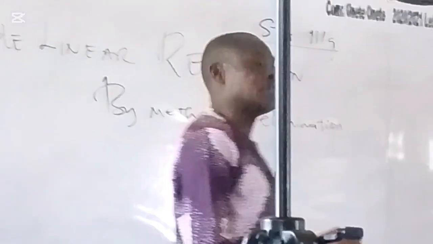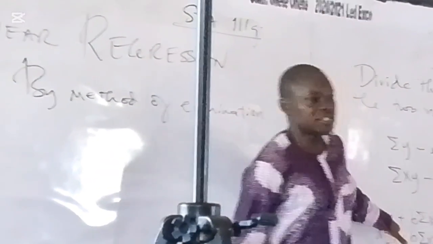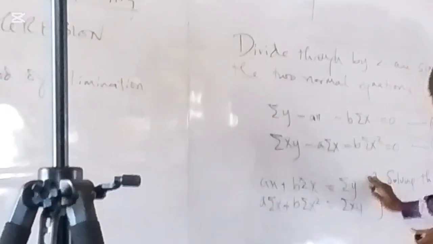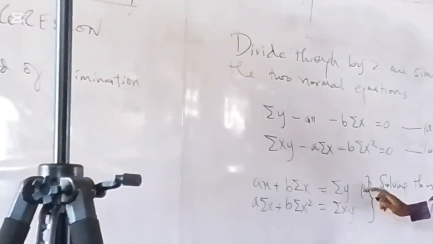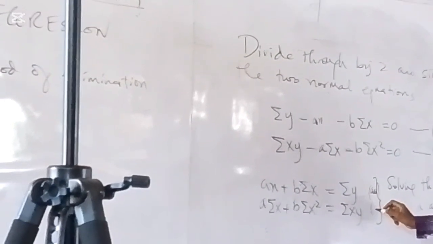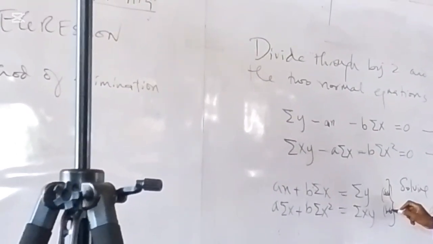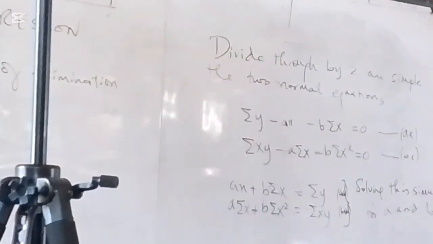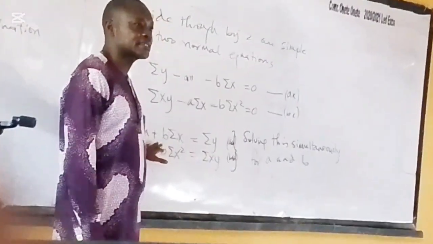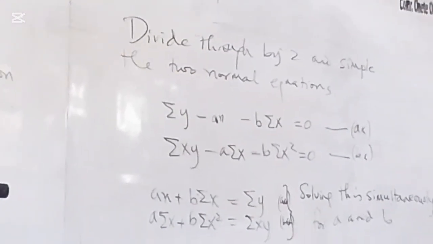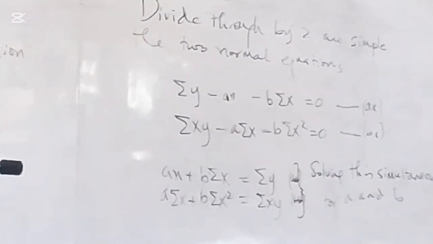The method of elimination says, call this first equation A star star, and call this one B star star.